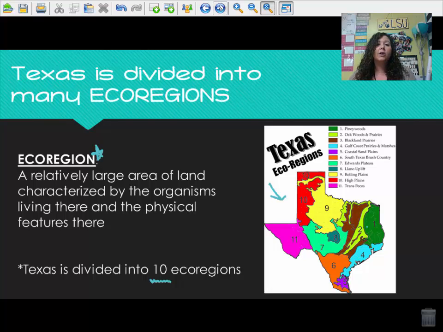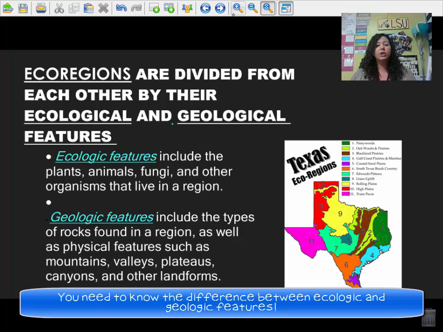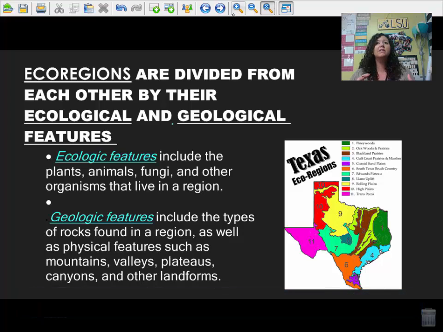Basically, this is how scientists divide the ecoregions from each other. They look at the area's ecological features and their geological features. Your ecological features include vegetation, plants, animals, fungi, basically the organisms that live in the region.